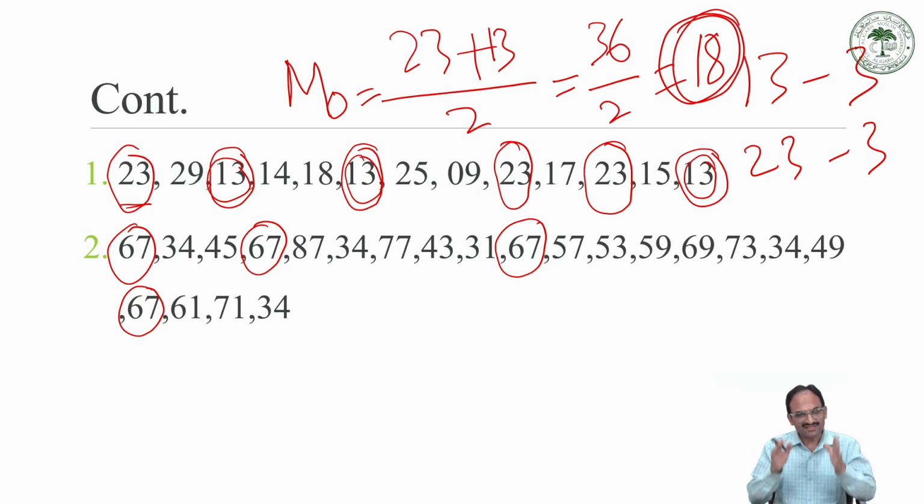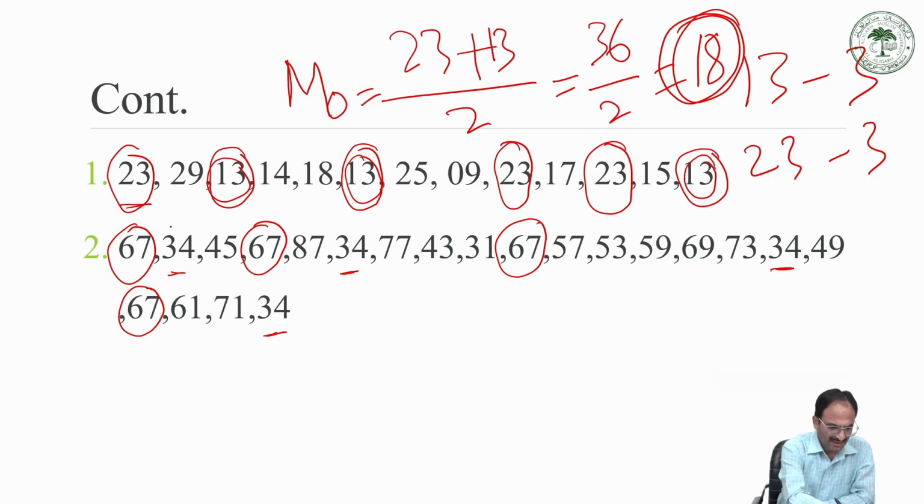But at this juncture, it's important for you to check, is there any other number which is also repeating? For example, let's take 34. So 34, 34, 34 and 34. So this is the situation that 34 is repeating 4 times in the same way as 67 is repeating 4 times.